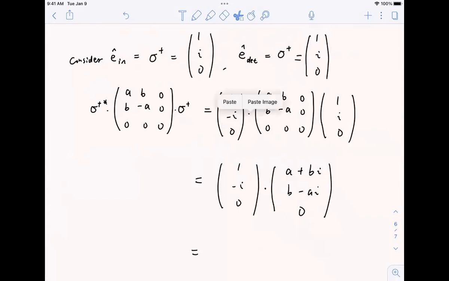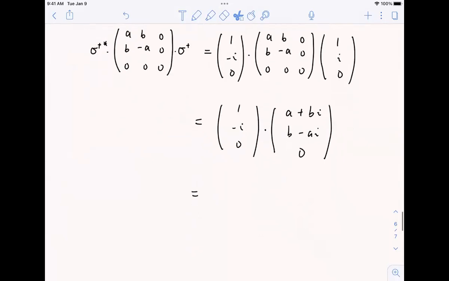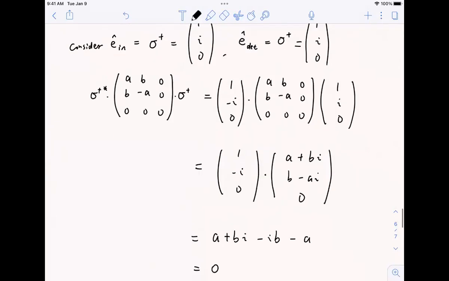Anyway, add the dot here, it's just a dot product. If you write it another way, it doesn't look very good. So it will be a, and then minus b i plus a. No, minus a. Anyway, you get 0.